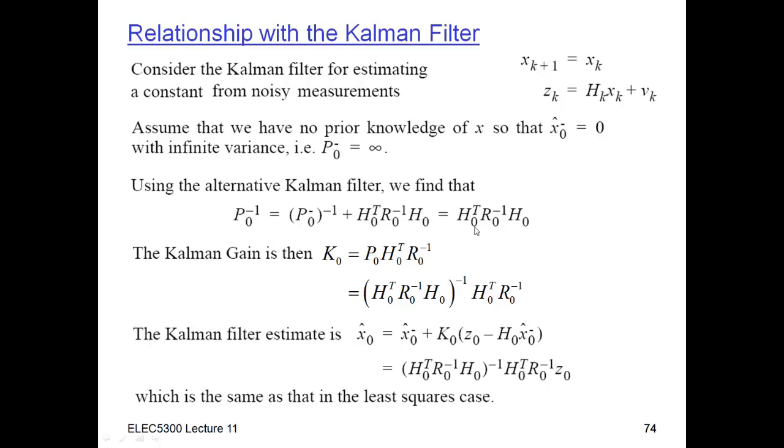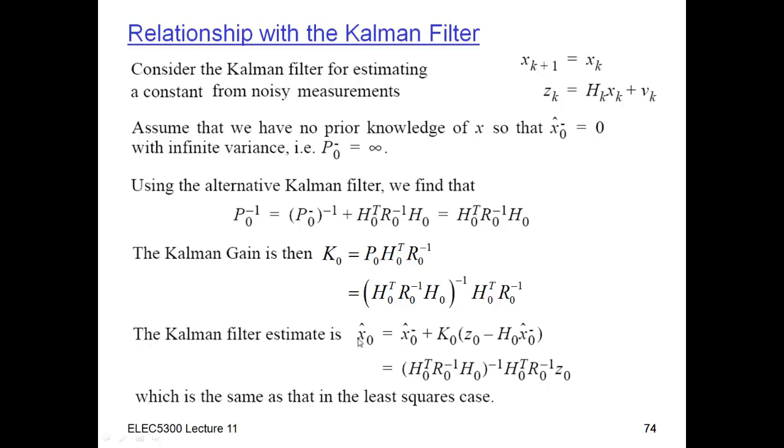So the new precision is given by this, and once I have that, I can compute the Kalman gain according to this equation, and then substituting in the form for P0 inside here, I get this equation. Then I can substitute that into the Kalman update equation.